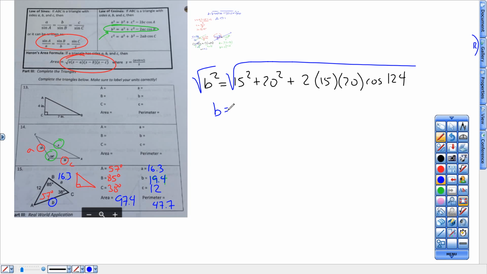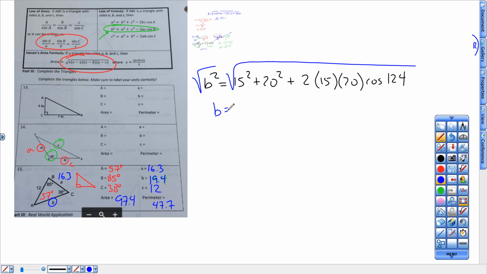My calculator spits out 15 squared plus 20 squared plus 2 times 15 times 20 times cosine 124.